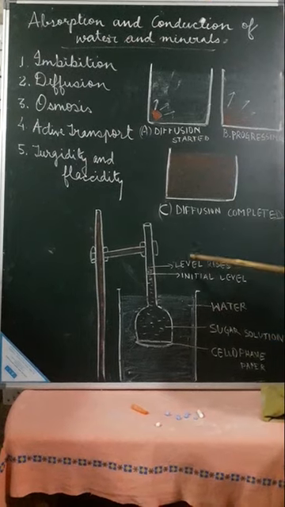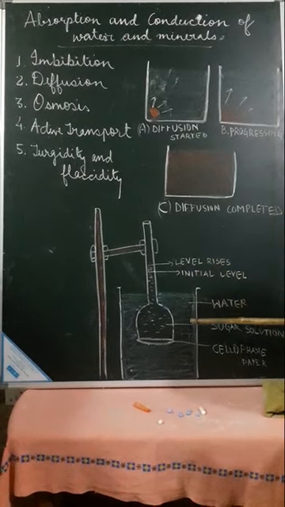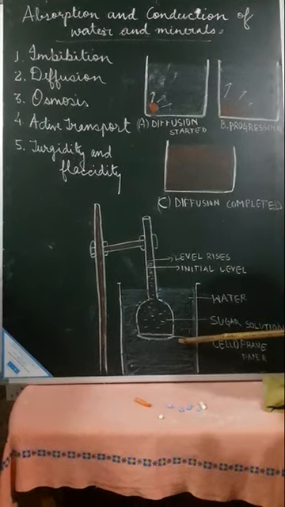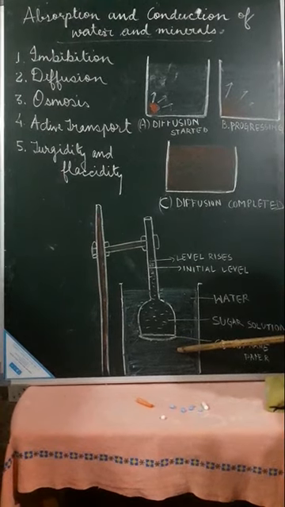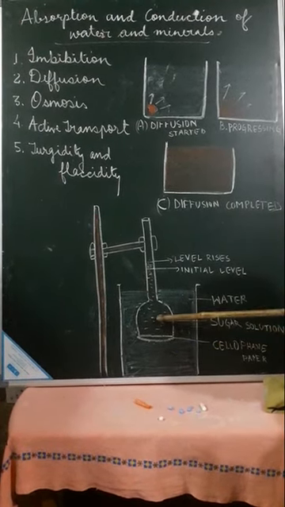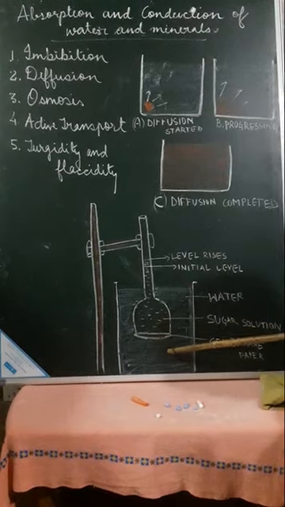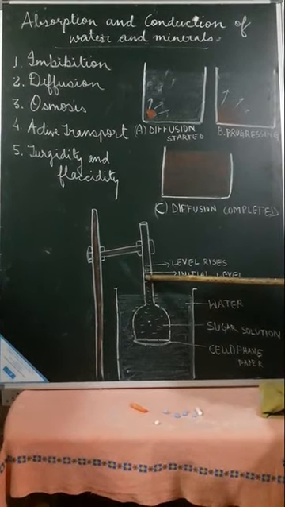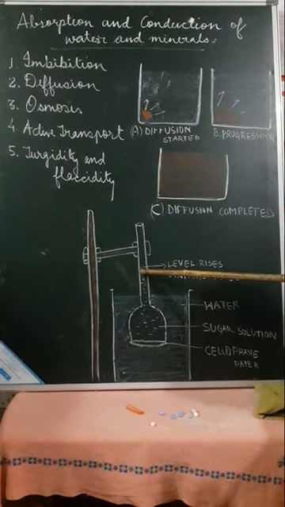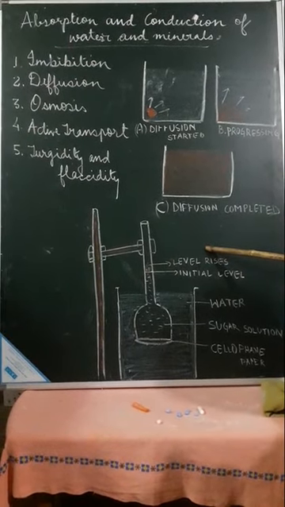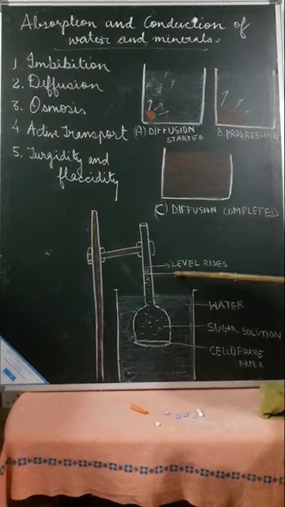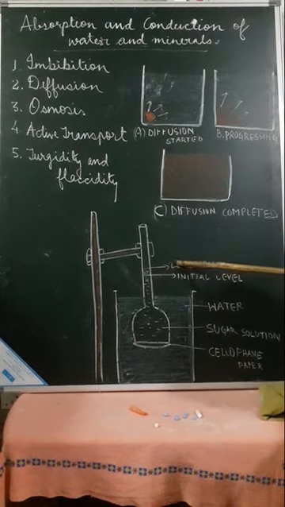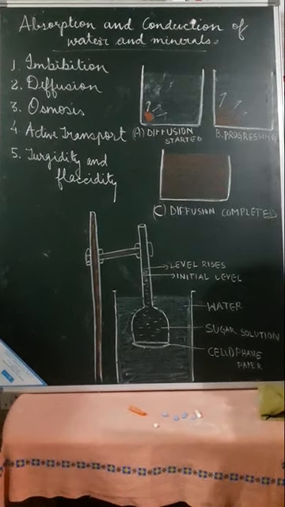So the same result will take place here. Since the beaker has a dilute solution and the funnel is highly concentrated, water molecules from the beaker will move to the thistle funnel, and the sugar level will rise up. The initial level is marked earlier, so it is easy to see how much the sugar level is rising up.